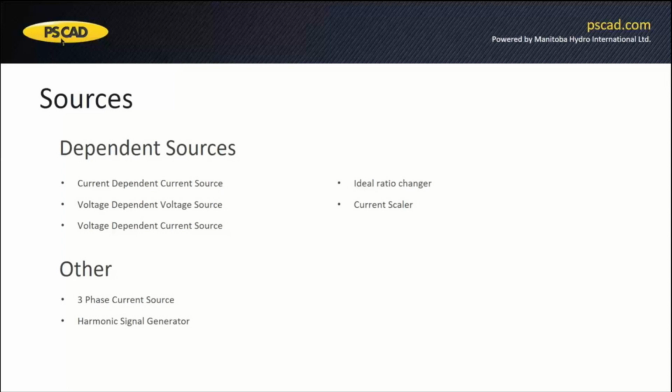So what we have done is, instead of creating two separate sources, we created the harmonic signal generator, where you can specify the number of harmonics with different magnitudes and different phases. And the output of this component can be connected to a current source or voltage source to generate a harmonic current source or a harmonic voltage source.